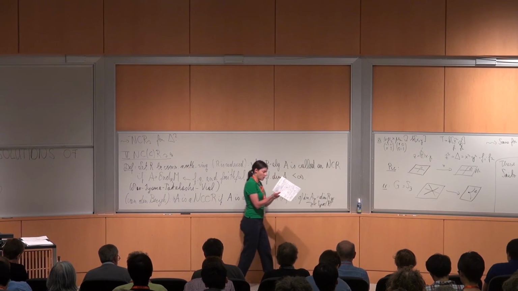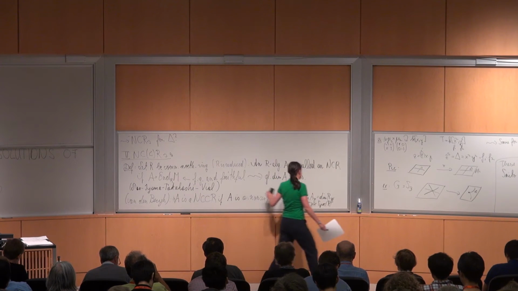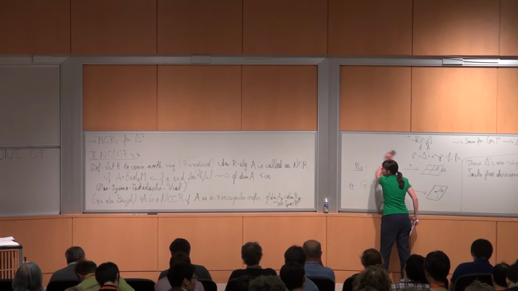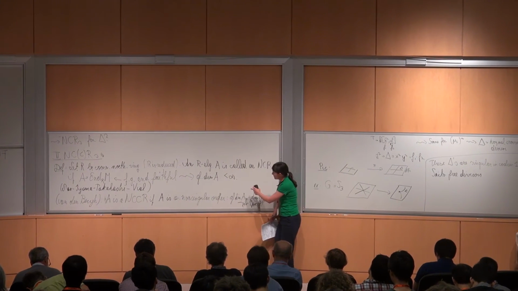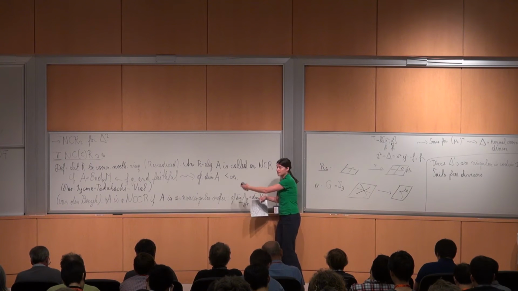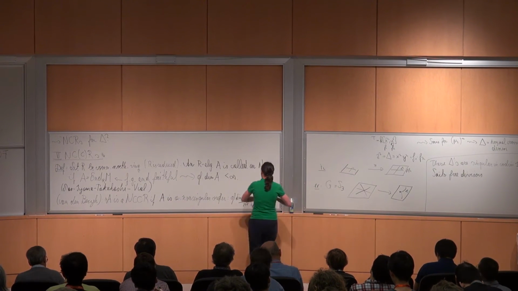Okay, so I won't dwell on what this actually means. But the idea is that this crepant resolution somehow gives you some sense of, oops, and I forgot the second condition.